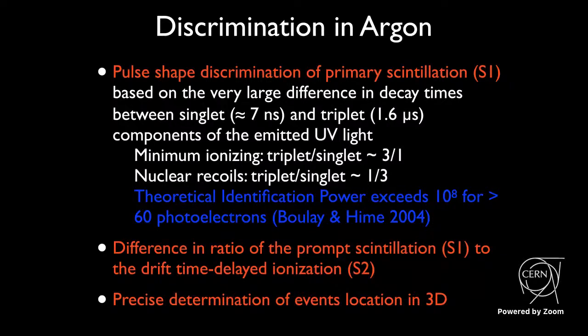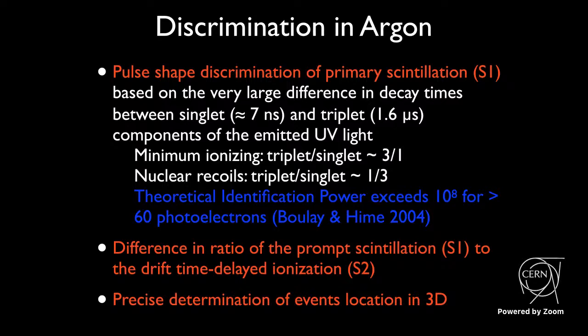This difference between singlet and triplet is also present in the xenon-based detectors, by the way. But in xenon, the singlet and triplet decay with almost the same time, a few nanoseconds, and therefore you cannot separate these two components of scintillation.